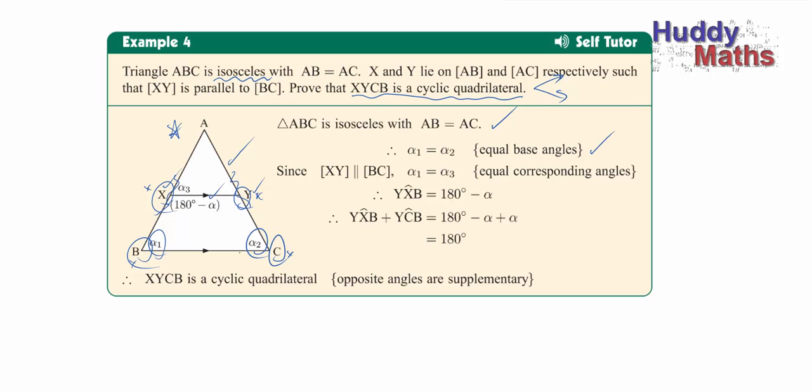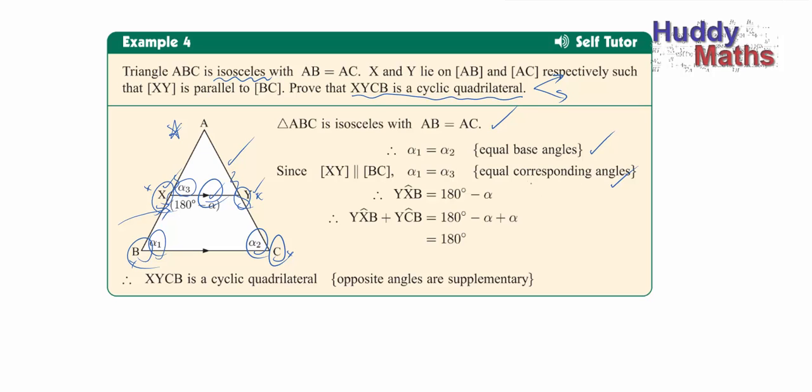Okay, now we'll also go to the next piece of information, do it logically. Next piece of information was the parallel lines here. So since they are parallel, you can say alpha 3 equals alpha 1, that's corresponding angles there. So therefore in here, sum of angles on a straight line, angle YXB equals 180 take alpha.